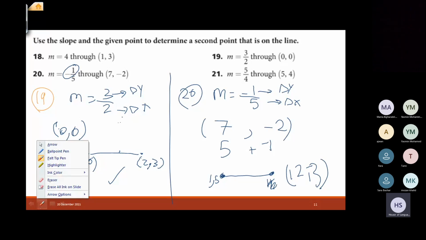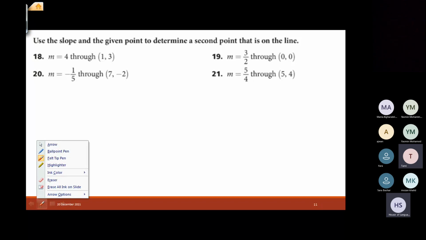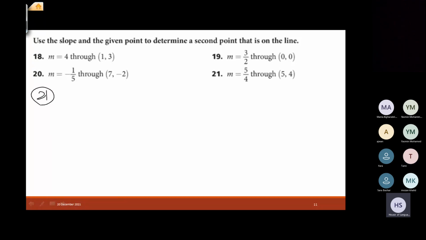Now, yes, Tammy, number 21. The slope here is 5/4.